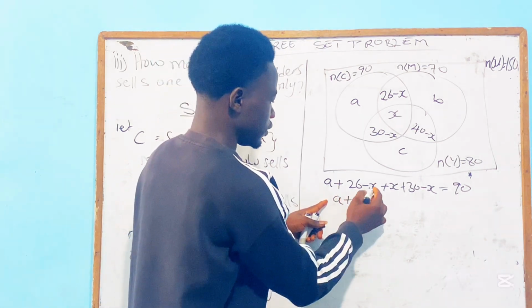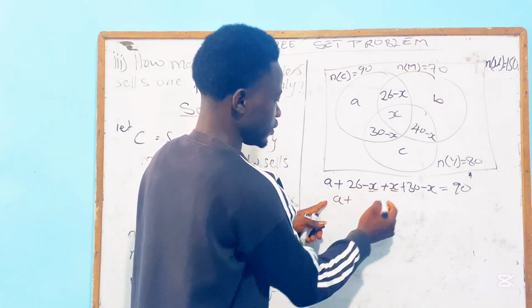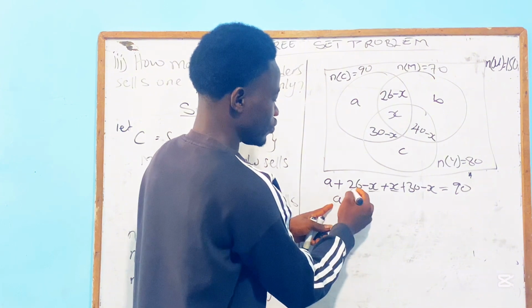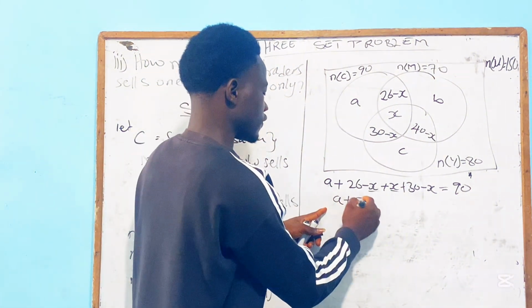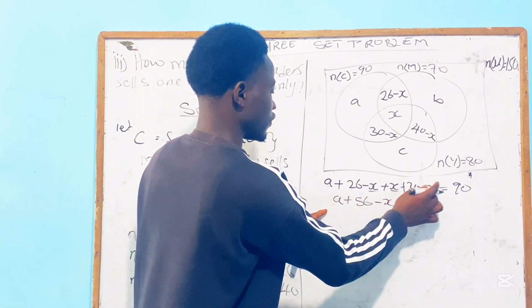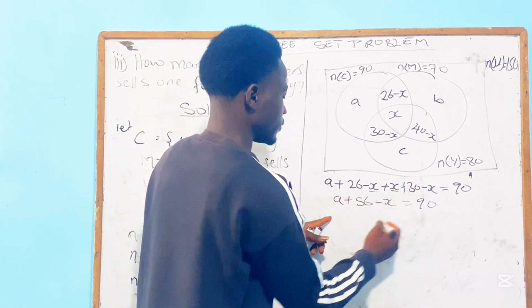The x cancels, and 26 plus 30 gives me 56 minus x, which is equal to 90.